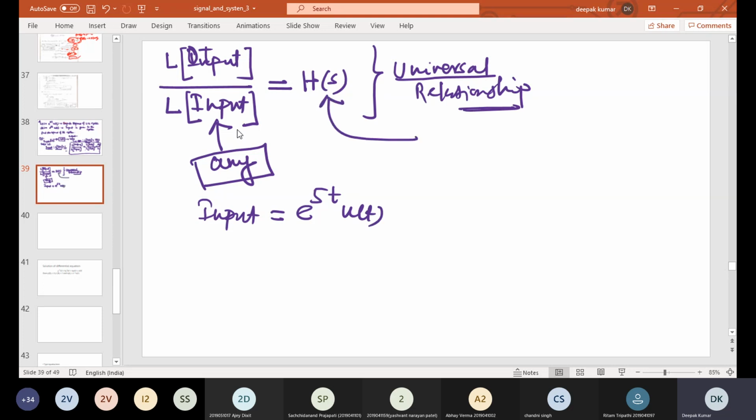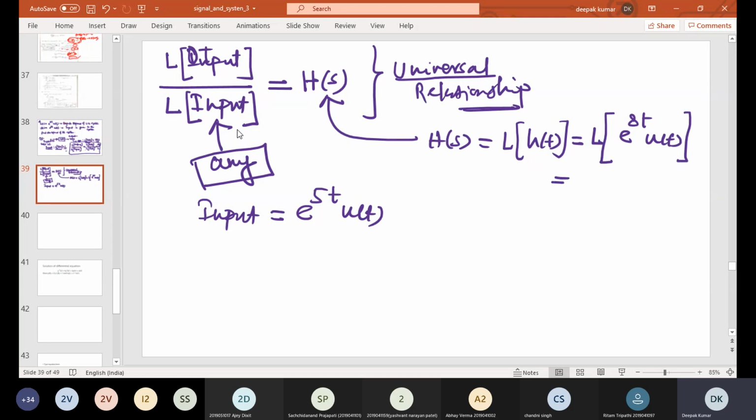Here H(s) is the Laplace transform of h(t), and h(t) is given, meaning Laplace transform of e to the power 8t u(t), and Laplace transform of e to the power 8t u(t) is 1 by s minus 8, and ROC is sigma greater than 8.